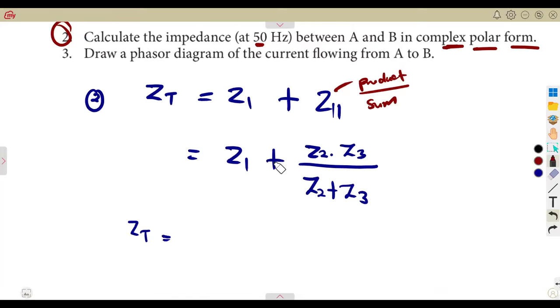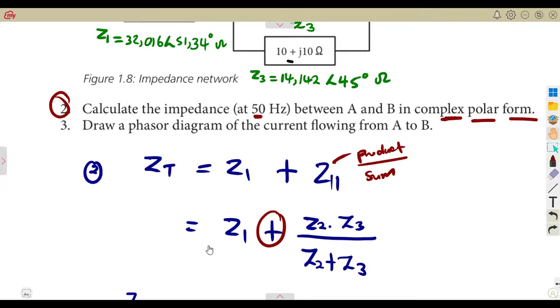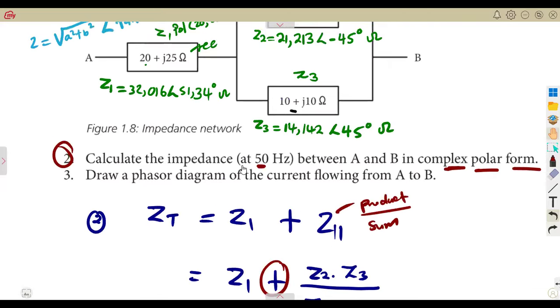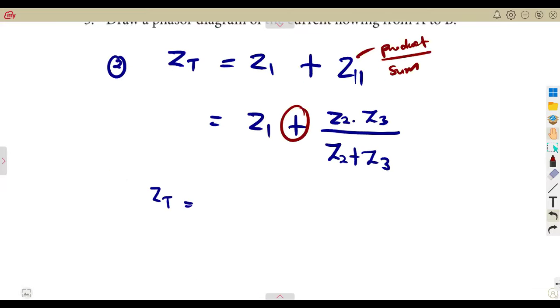Since it is going to be added to whatever you have here, do not waste your time writing Z1 in polar form, because it must be added in rectangular form. Remember, I said addition is easy in rectangular. So we take our Z1 in rectangular form, 20 plus j25, plus the product in polar form.